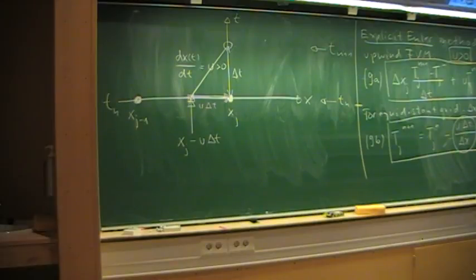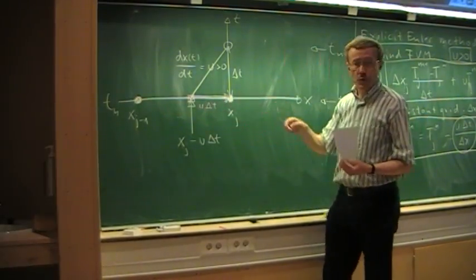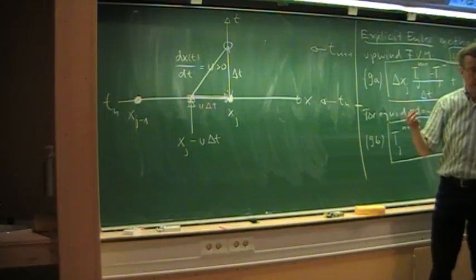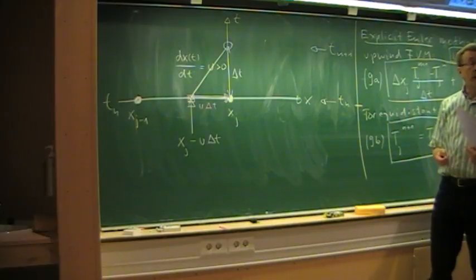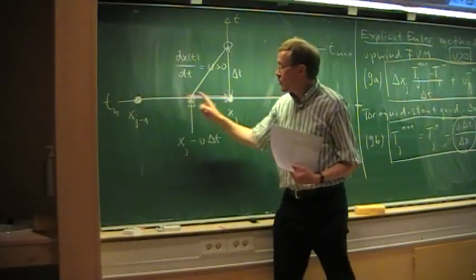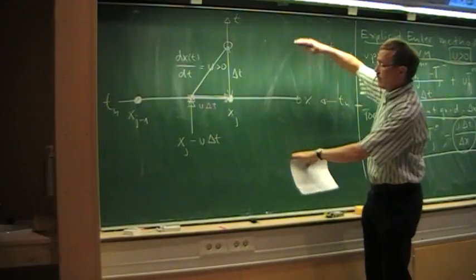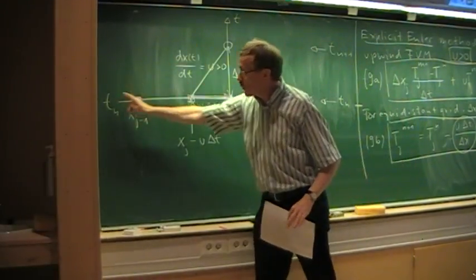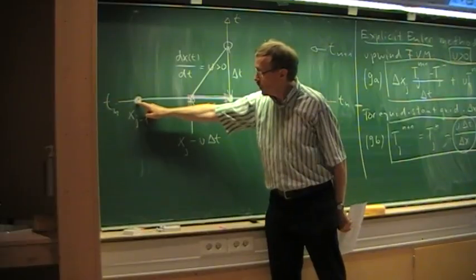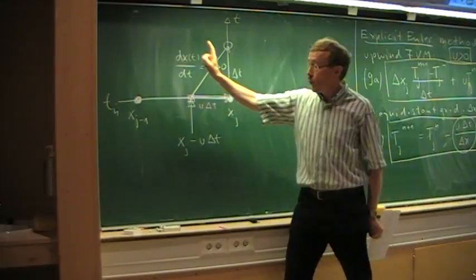Now, to get an approximation to this, because we usually only know the values at the nodes, or in our case, we only know the cell averages in the finite volume method, we have to do some interpolation. And to be able to do an interpolation, this point must be between these two points. If this is outside, if we choose delta t too large, then the values that we have here and here at the old time level do not tell us what is happening outside.